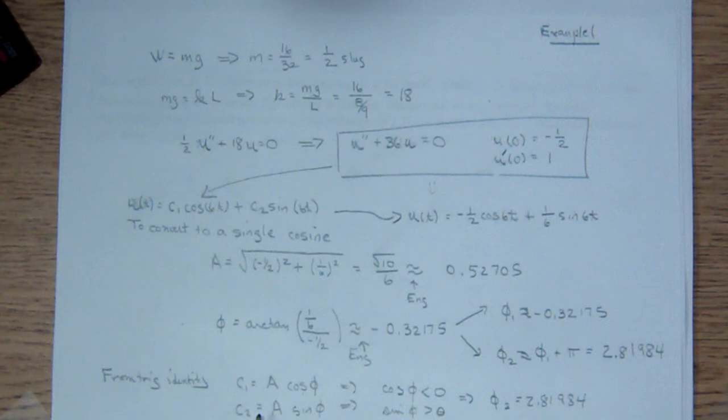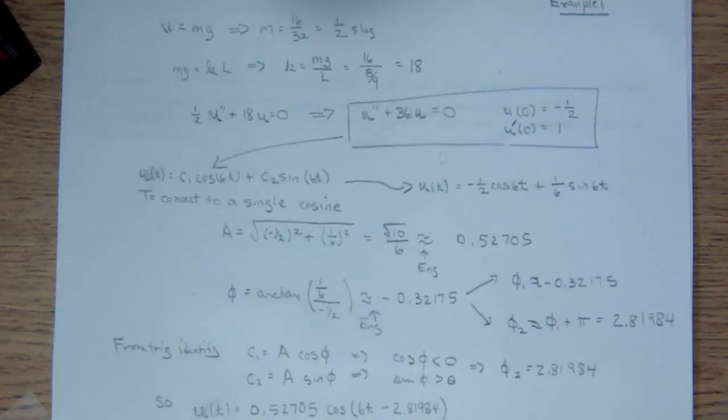From the trig identities and from our initial conditions, we know that C1 is equal to A cosine phi, and that means cosine phi has to be less than 0 because C1 was minus 1/2. Similarly, C2 is A sine phi, and that means sine phi is greater than 0. So we know that we're in the second quadrant rather than the fourth quadrant, and so this is the value we want to use.